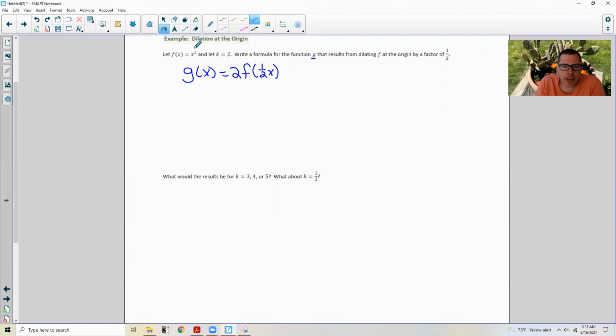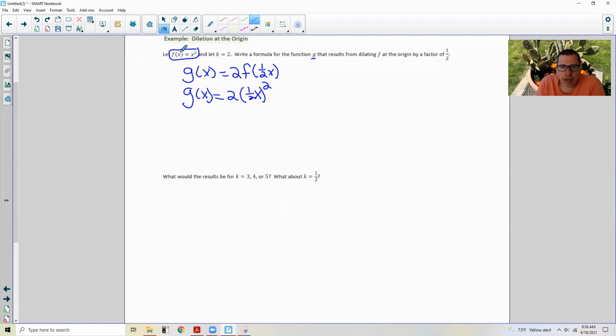Okay. But since f of x equals x squared, the new function will have the equation g of x equals 2 times, now f of x is x squared, so 2 times f of 1/2 x, 1/2 x quantity squared.